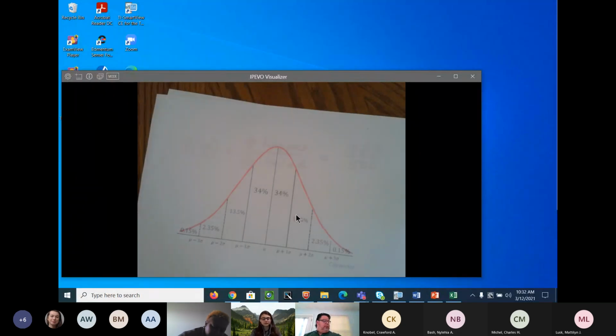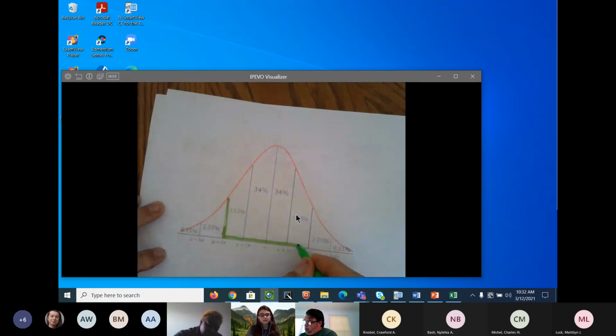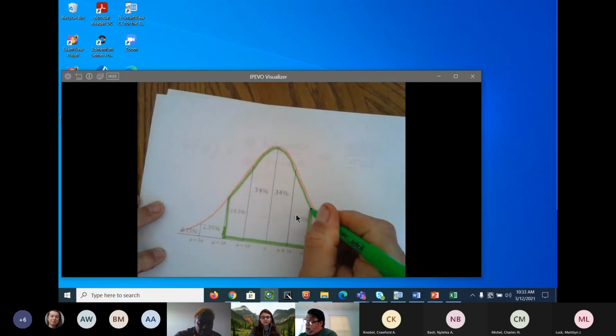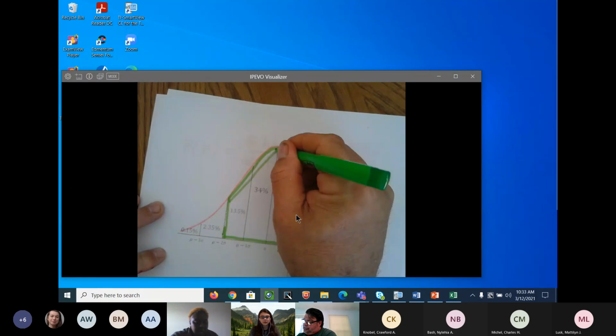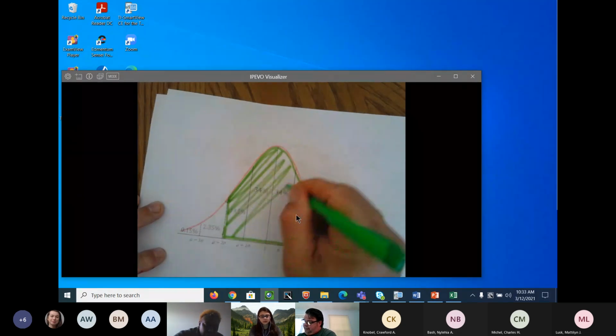I'm going to take my handy dandy green highlighter and highlight normal. Does everybody understand that? The reason I'm doing this is because we really haven't gone over this, but we have.